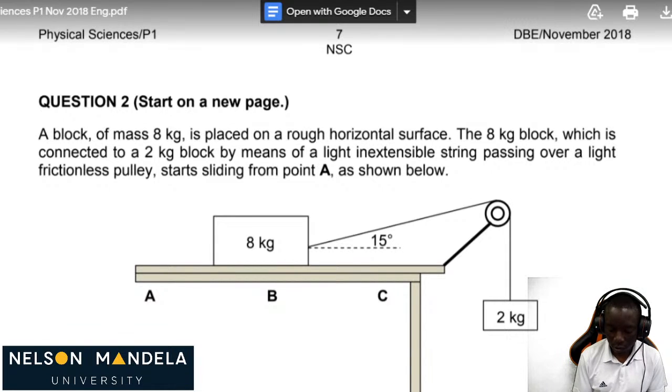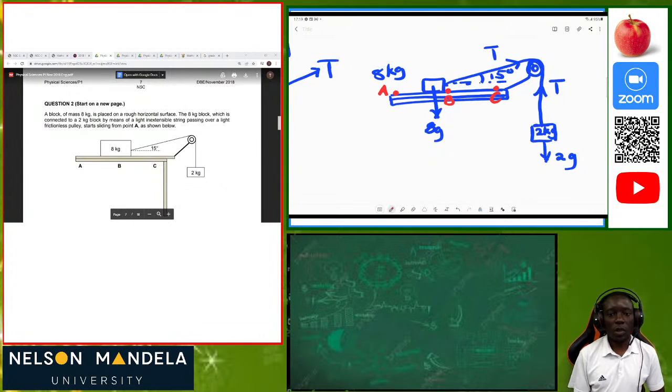So C is somewhere towards the end. So let's say point B is close to the center and point C towards the end. That's better. Okay, so I've redrawn the diagram with points A, B, and C showing.